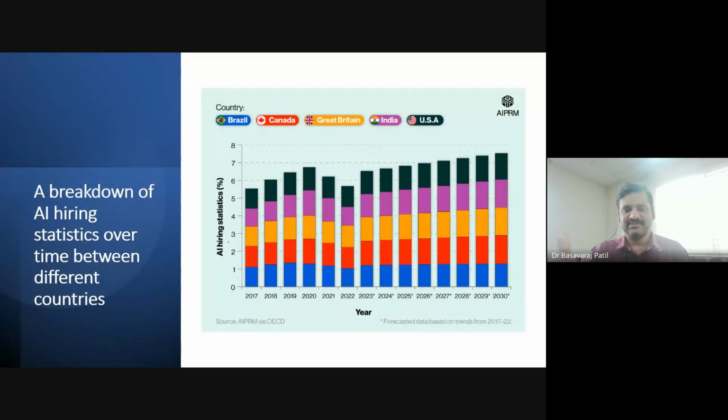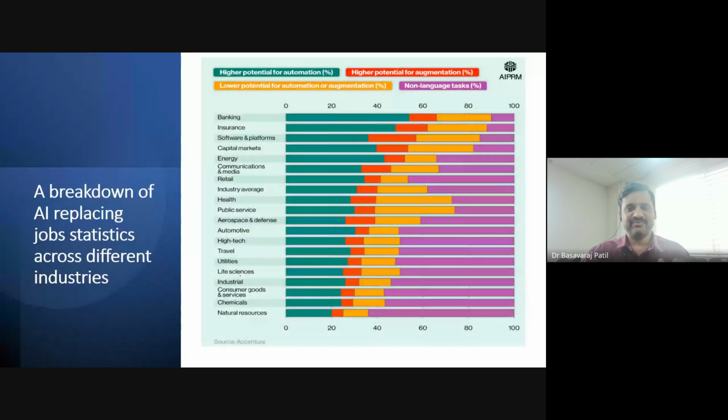And considering the statistics of the hiring process, based on the statistics in a few countries, with the statistics given by Forbes and AI or PRPM, here we can analyze the constraints and considerations of the percentage of data integrated with AI-based hiring technologies from different countries.